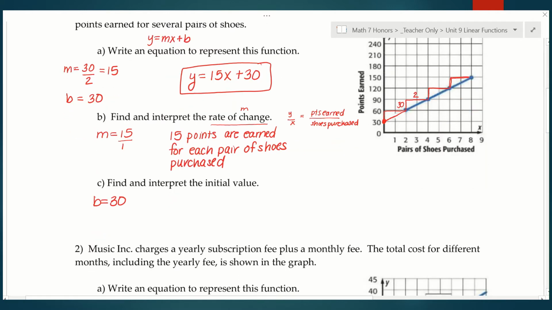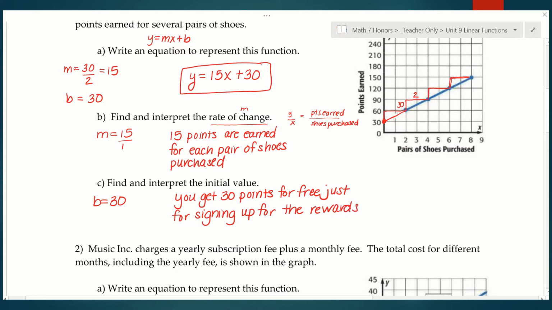So we're going to say you get 30 points for free just for signing up for the rewards card. Okay, so that's what that 30 represents.